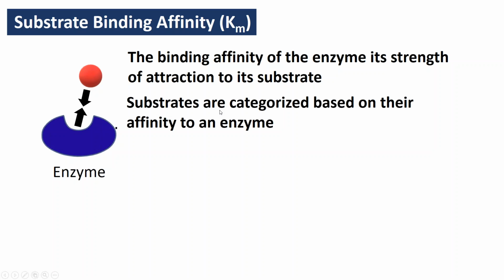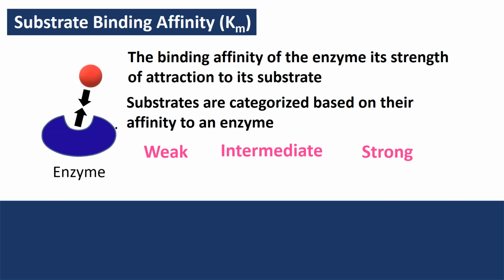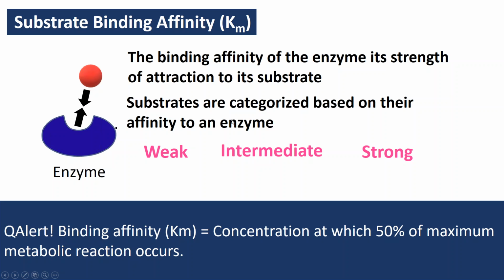So obviously, based on that binding affinity, the substrates can be classified as a weak substrate, an intermediate type of substrate, and a strong substrate. So here is a question alert. Binding affinity is the concentration at which 50% of the maximum metabolic reaction occurs.